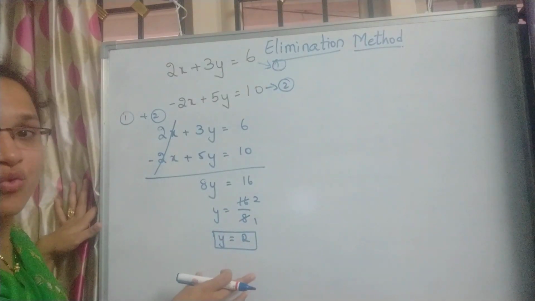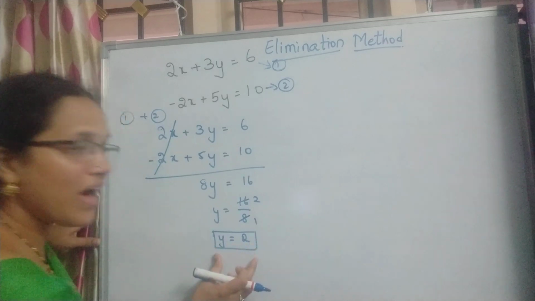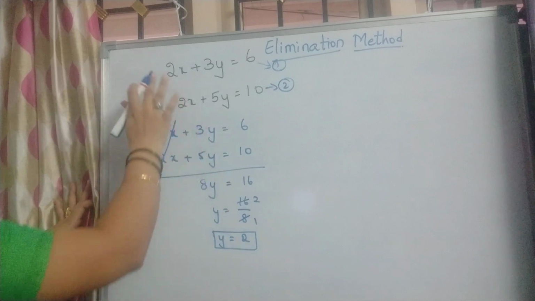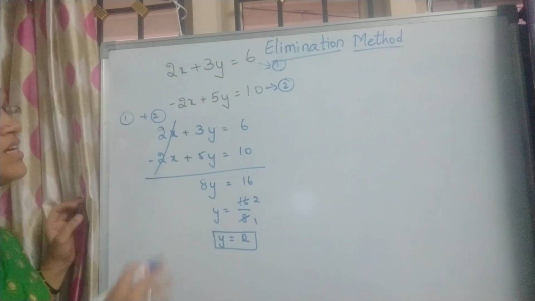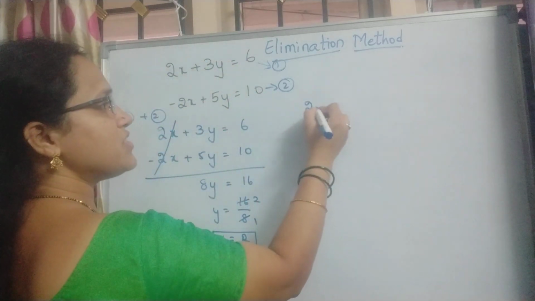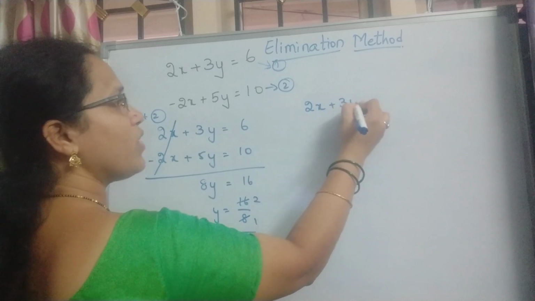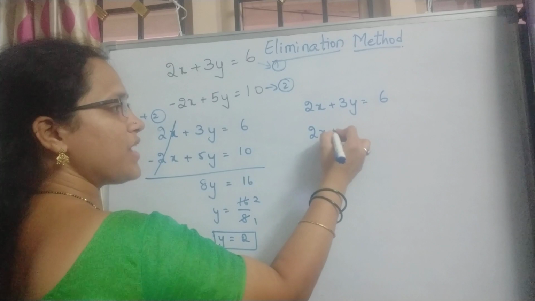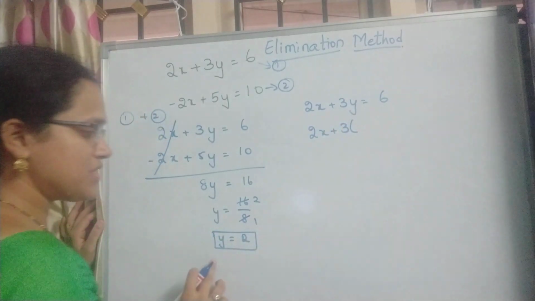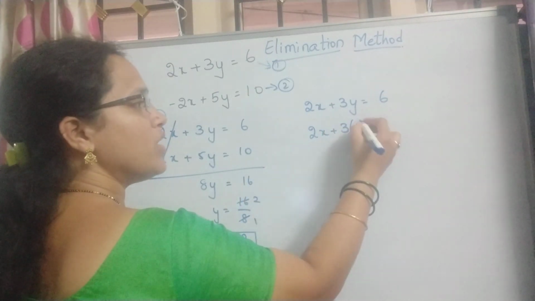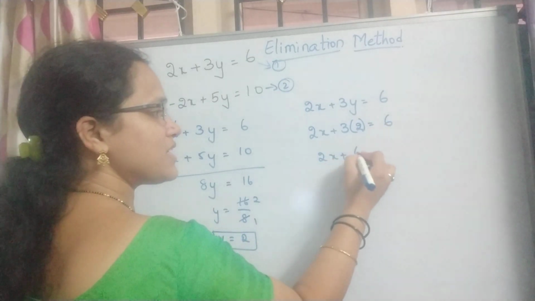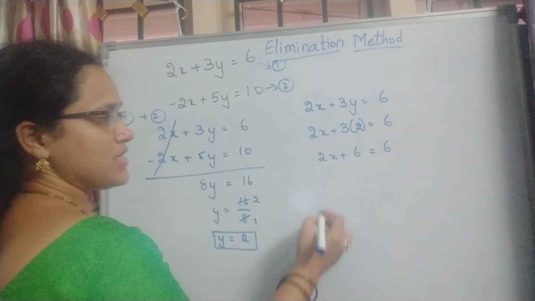After finding the value of one variable, substitute the value of this variable in any of the given equations. You can substitute either in the first equation or in the second equation. Let me take the first equation, 2x plus 3y is equal to 6. So, 2x plus 3 times 2 is equal to 6. Now, 2x plus 6 is equal to 6.